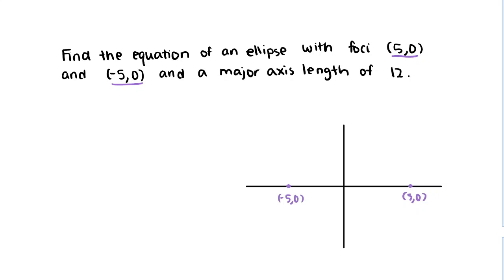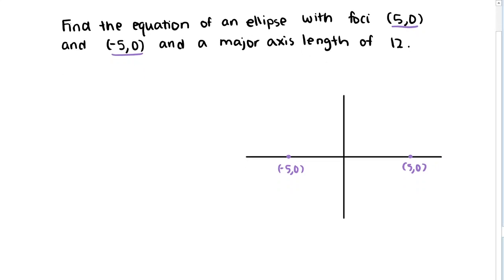And because those 2 points lie on the horizontal line y is equal to 0, we can see that our major axis should be horizontal. Right? So here we're saying that there should be a major axis that is 12 units long in total.